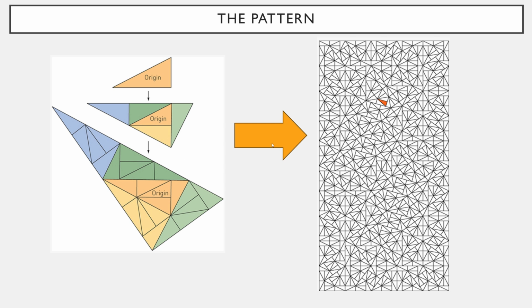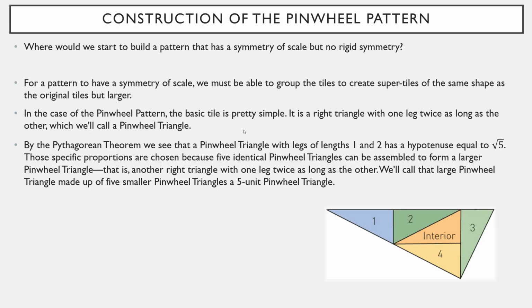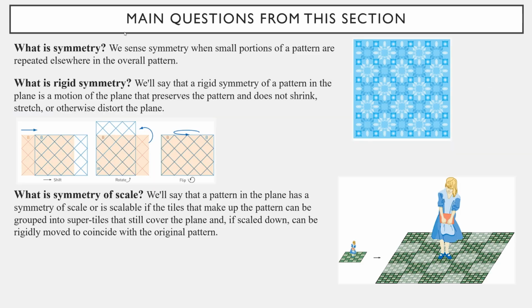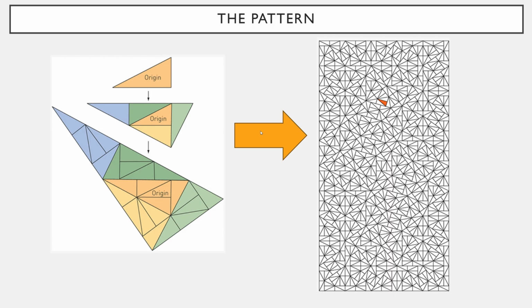It's embedded in there. If you do that, you're going to get a pattern that has symmetry of scale, but there's no rigid symmetry. And this right here is what's called the pinwheel pattern. Again, in the textbook, you'll spend a lot more time talking about this and learning about it.